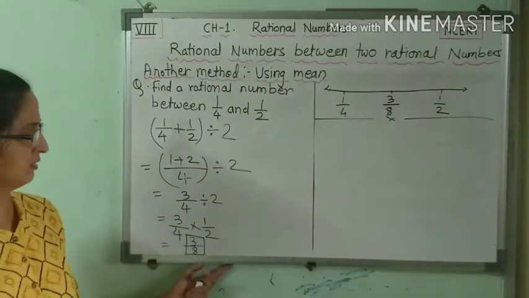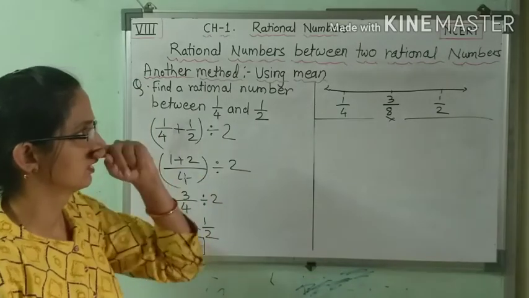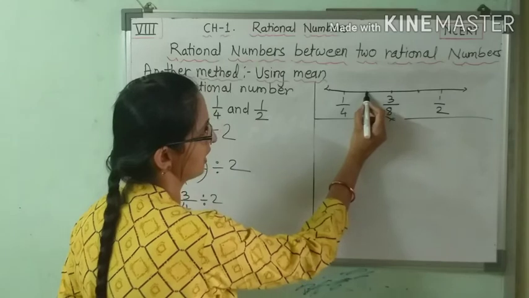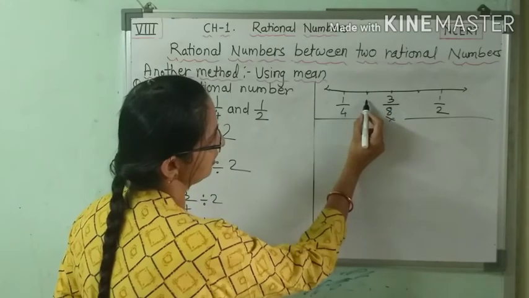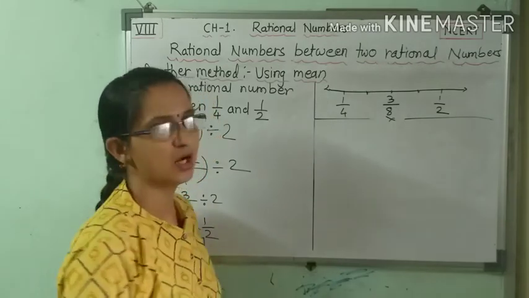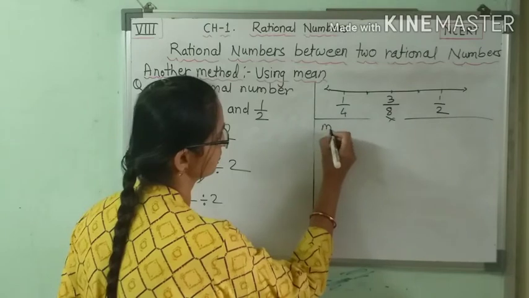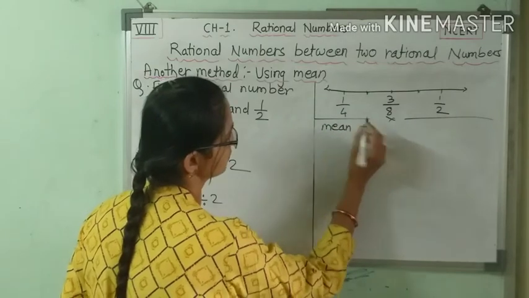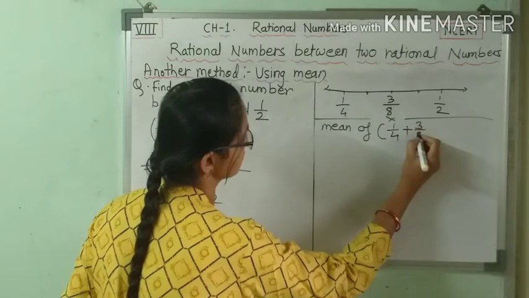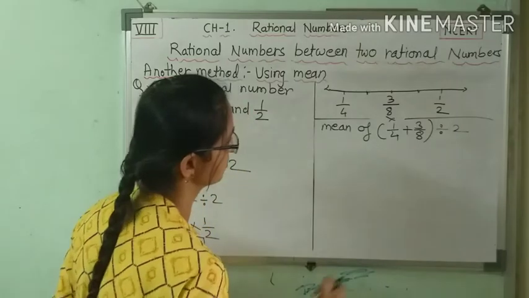Now we will add some more points to this. If I want to find the number between 1 upon 4 and 3 upon 8, how do we find it? Again, calculate the mean of 1 upon 4 and 3 upon 8, that is the sum of these numbers divided by 2.